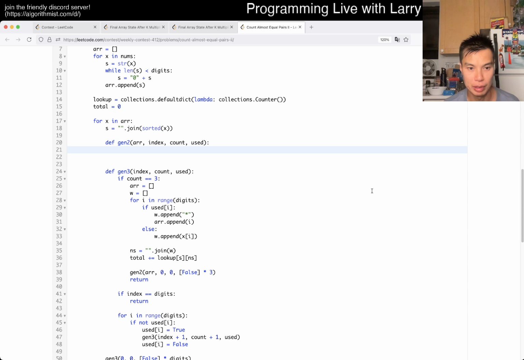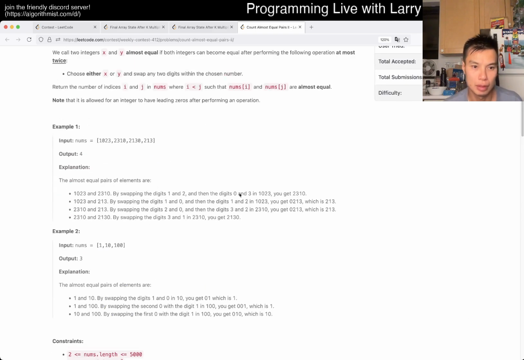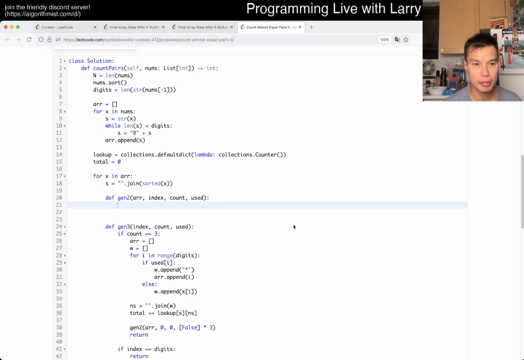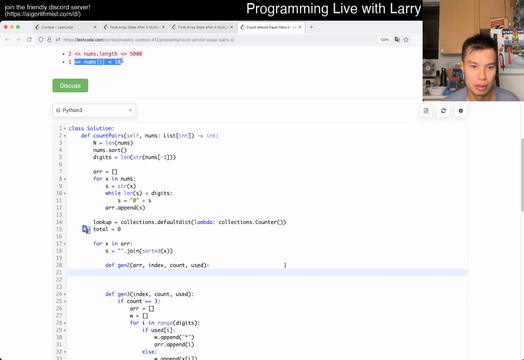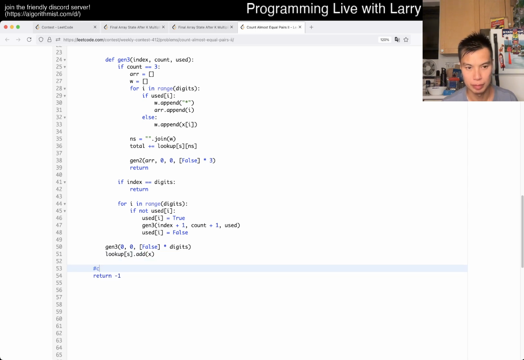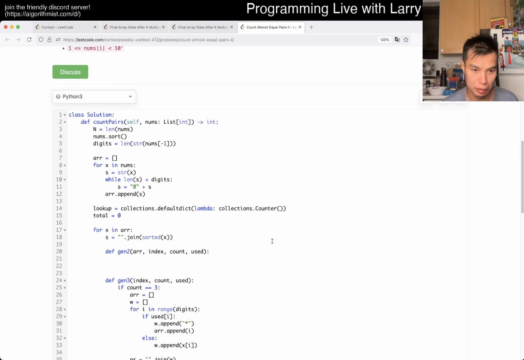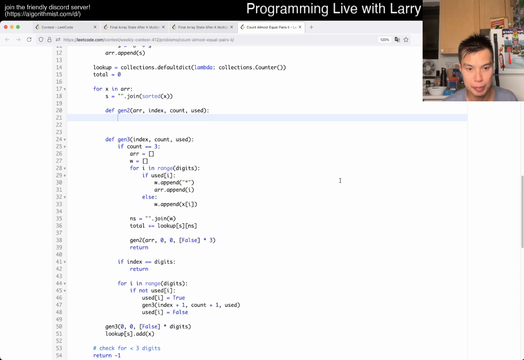I don't even know if I'm doing the right thing, honestly. I think this might be one for 2 digits as well. Have to fix this bit. Okay, let's at least get this right first.